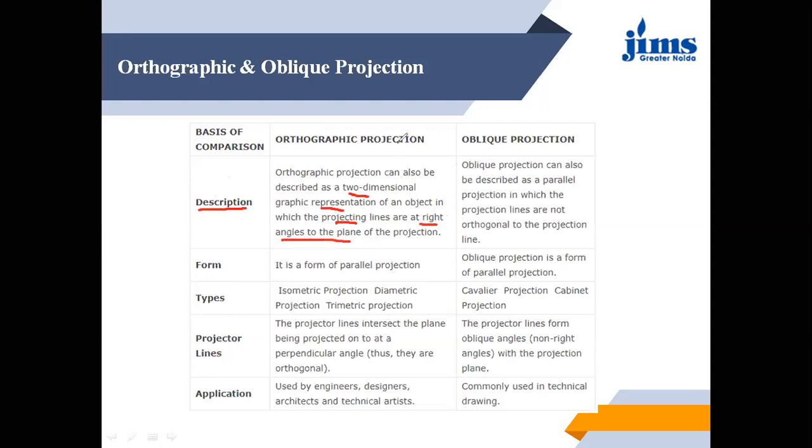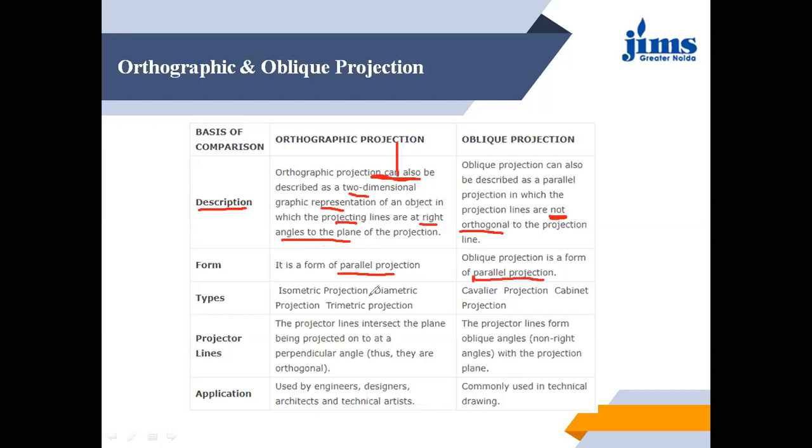As I told you, these rays are perpendicular, at a right angle, and in oblique, the rays are not orthogonal. It is a form of parallel projection. This is also a form of parallel projection, as I told you that both come under parallel projection.